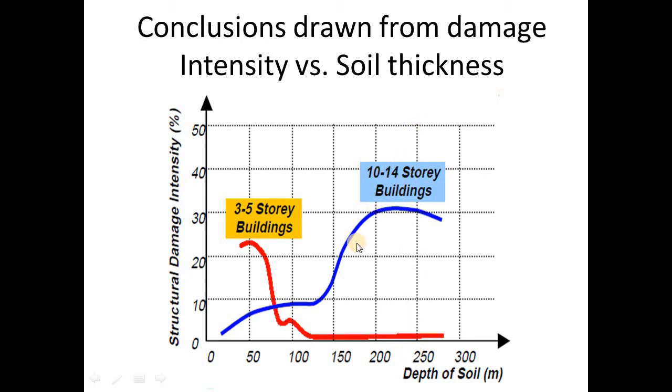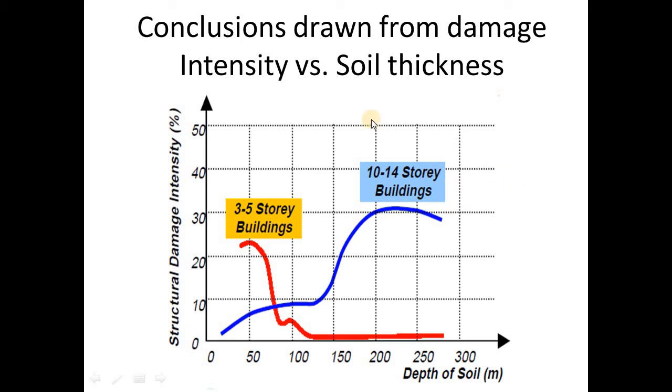While buildings of the same height in other locations where the soil thickness was low experienced less damages, okay? The damage intensity was very much less compared to other buildings of the same height but in other locations. And the force was the same force.